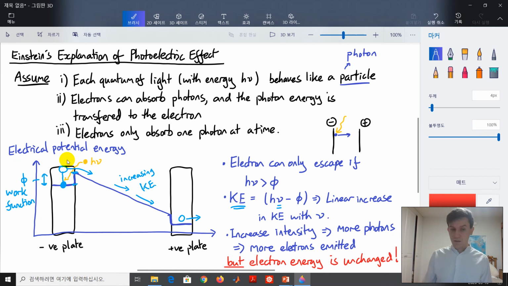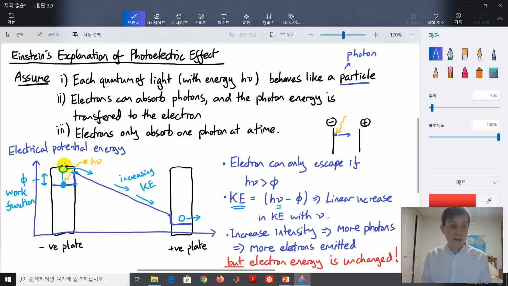So with this very simple model of light made up of these particle-like quanta called photons, each of which has an energy h times the frequency as predicted by Planck, we can explain all of those experimental results of the photoelectric effect. Firstly, if the frequency is too low, the electron does not get enough energy to escape the metal.